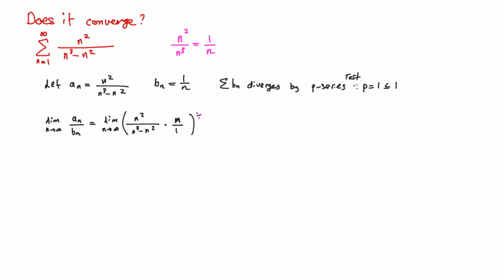By dividing the numerator and the denominator by n cubed, we will see that this will become 1. And we know that 1 is a positive real number, and therefore by the limit comparison test, series A diverges.